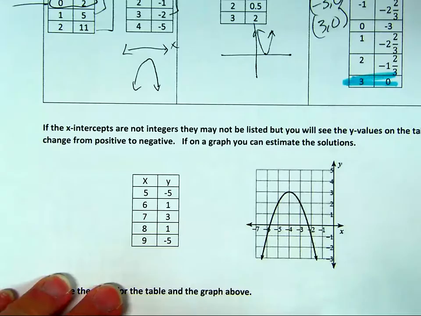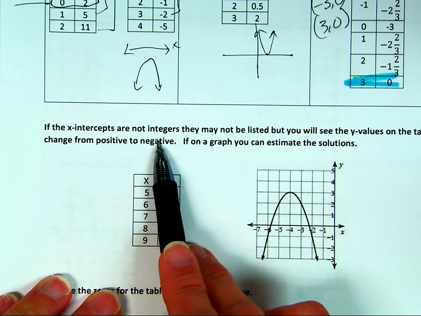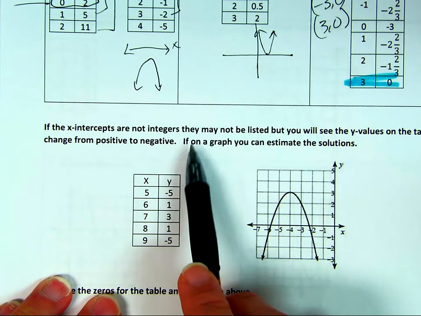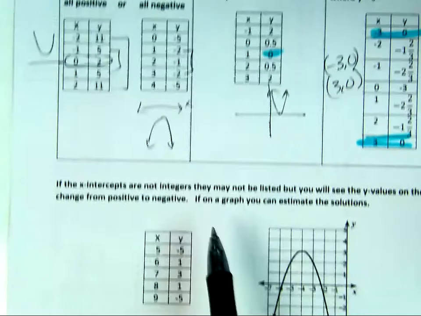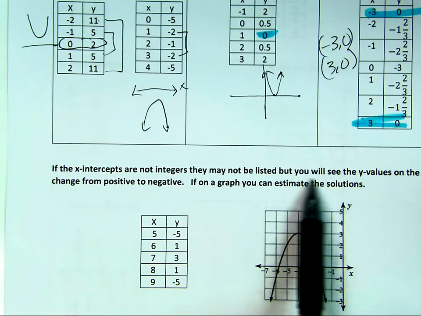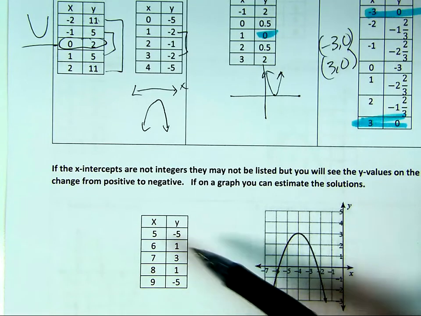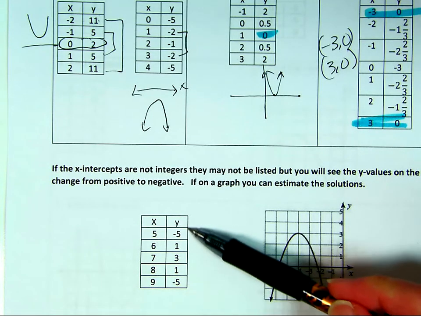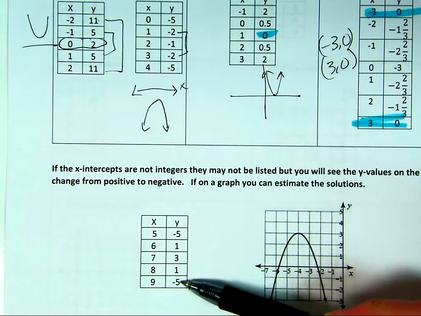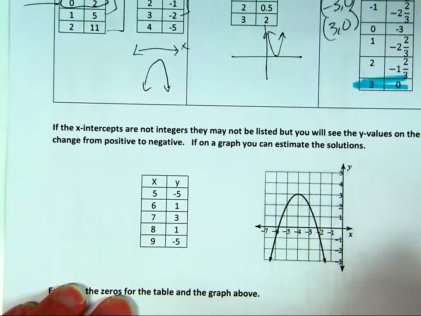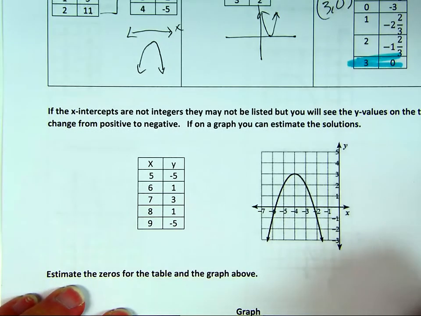Alrighty, so let's look at this. It says if the x-intercepts are not integers, these were all pretty integers, right, they may not be listed so that you can see them. Look right here. Just because there is no 0 for y doesn't mean I don't have any x-intercepts.